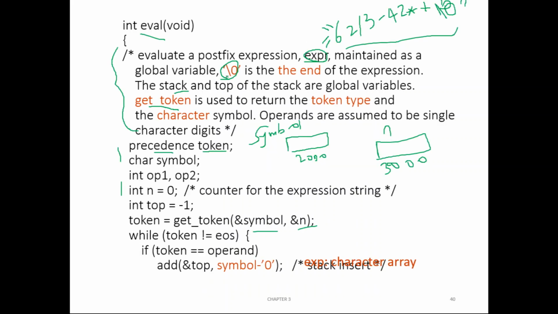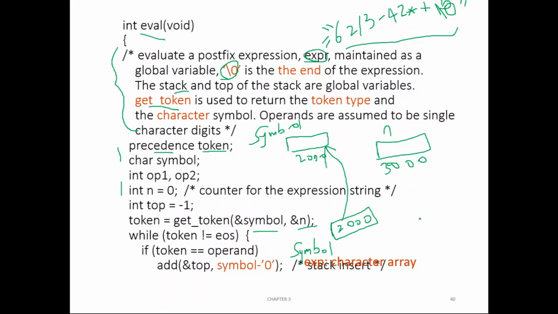The function getToken is using another variable symbol, which is a pointer variable holding the address 2000. It means that in getToken, the symbol is a pointer pointing to this particular character.